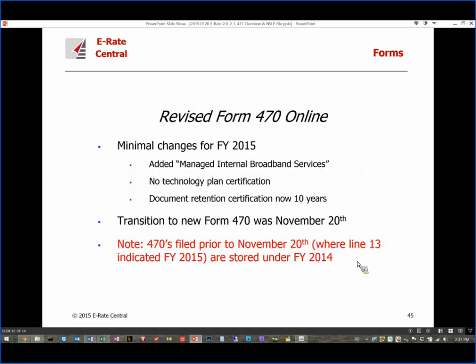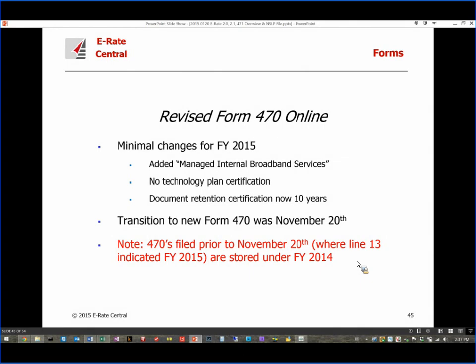So let's talk a little bit about the forms, and I guess we're ahead of schedule, maybe. Close. There are minimal changes on the Form 470 for funding year 2015. The one thing that I'd like to draw your attention to is that many people are wrestling with where in the world they find their 470s online because they filed them prior to November 20th.